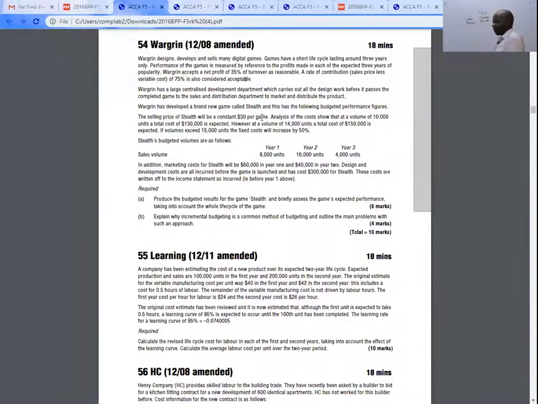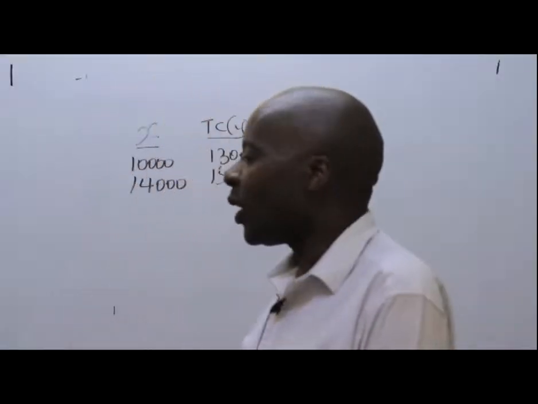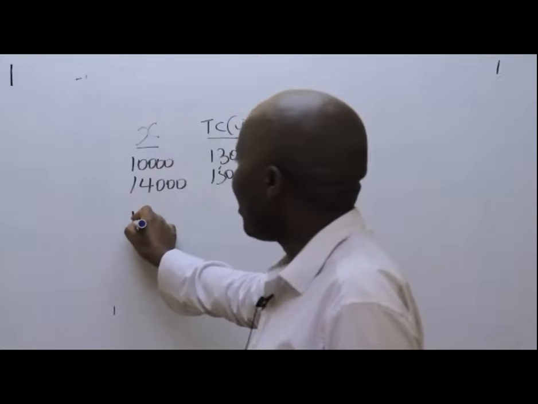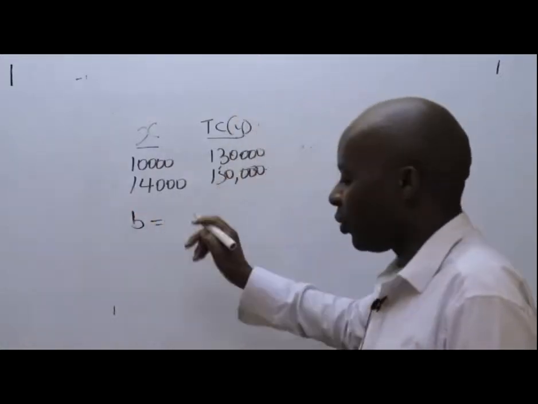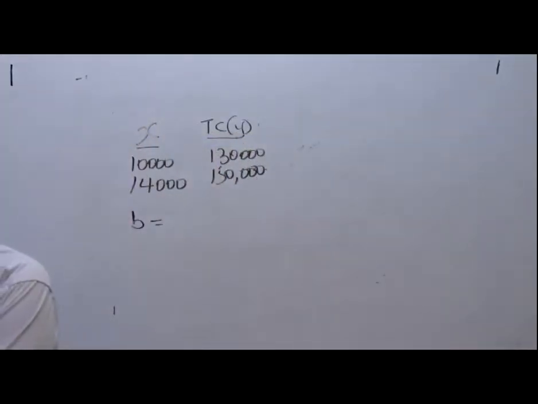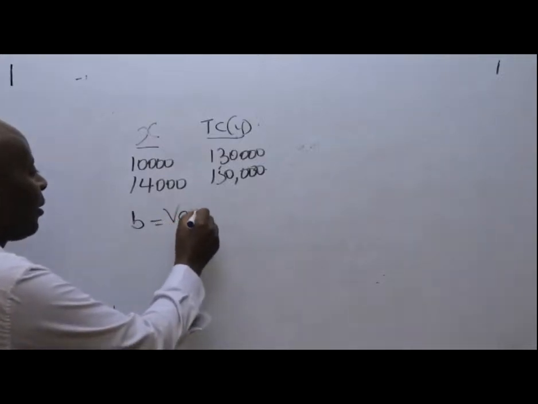Great. So once I have these two parameters, what am I supposed to do very fast? These are two points. I should be able to use them to get the gradient. So how do I get the gradient? The gradient, which is my B, will automatically be my variable cost per unit.